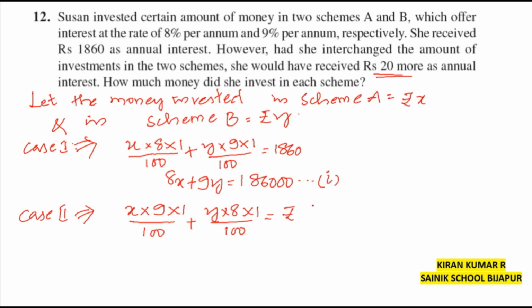So we need to add 20 to 1860. It becomes 1880. Further, when you simplify this equation, we will be getting 9x plus 8y equal to 1880 followed by 2 more zeros. This is our second equation.